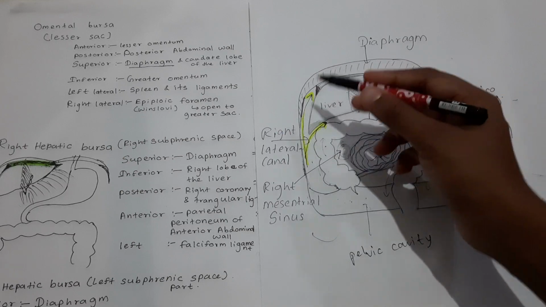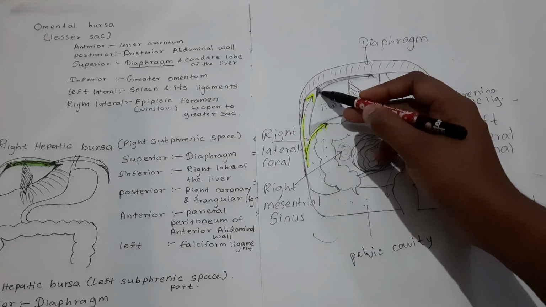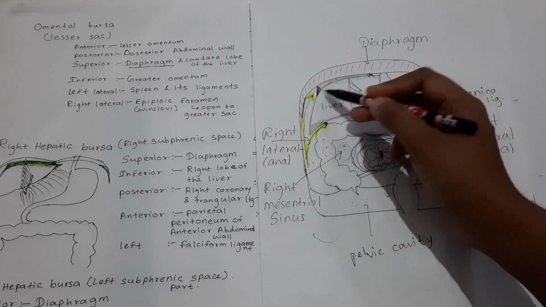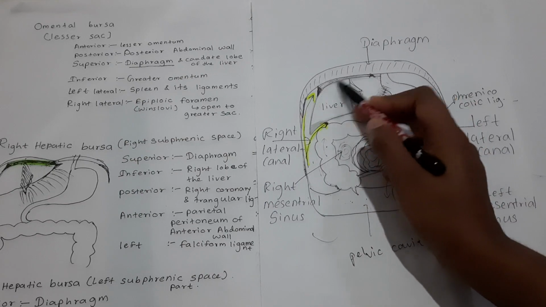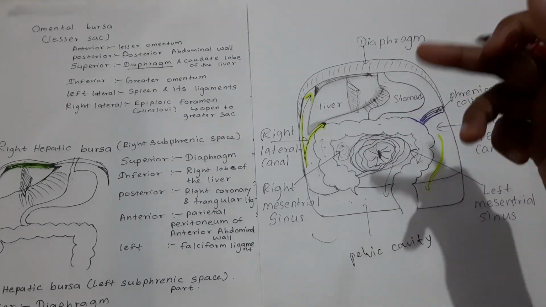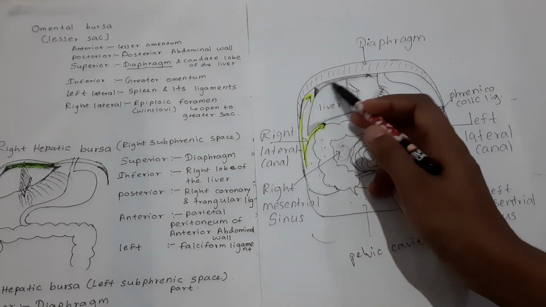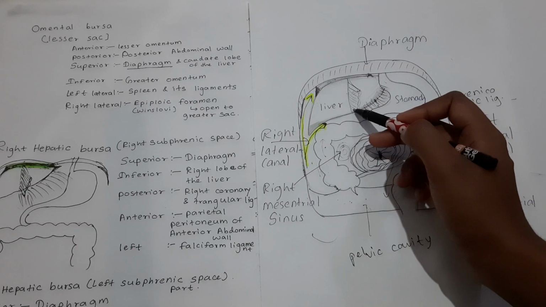Posteriorly, there are two triangular ligaments, on each side of the liver, right and left. Those triangular ligaments are connected by the coronary ligament of the liver, and there is another ligament we call the falciform ligament.